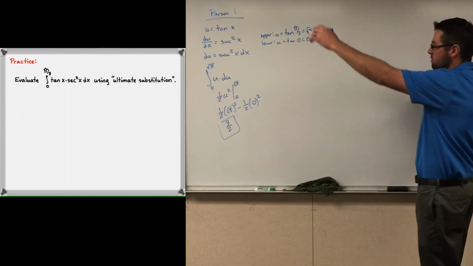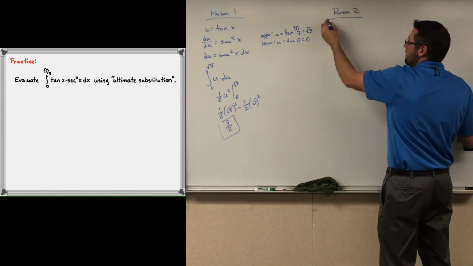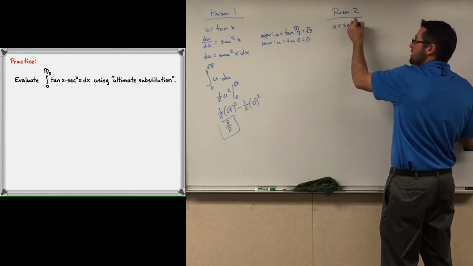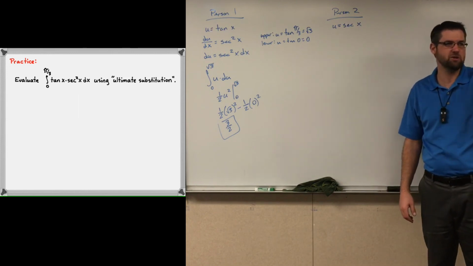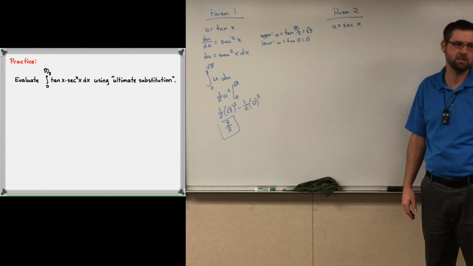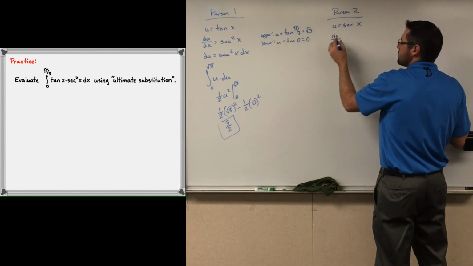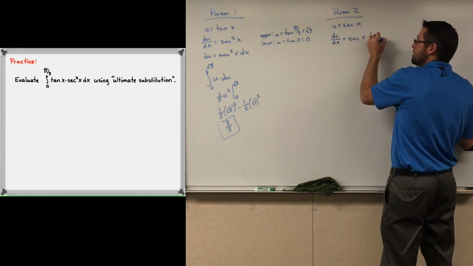Now, person 2 might have said, let u equal secant x. Secant squared wouldn't have worked, because the derivative of secant squared would have been 2 secant x times secant x tangent x, which is gross. What's du dx? Secant x tangent x.